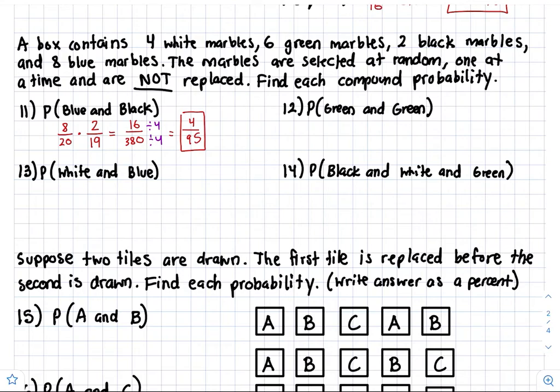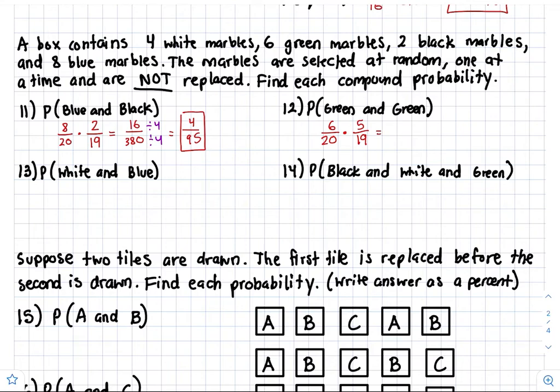Okay, green. The probability of picking a green out first, you guys, is 6 out of 20 times. Now remember, you don't put that marble back, so there's 1 less green in the bag, you guys, which is 5, and there's 1 less marble in total, which is 5 out of 19. So at first there were 6 marbles, you guys, but then when you take the first green marble out, now there's only 5, and there's 1 less one in the bag.